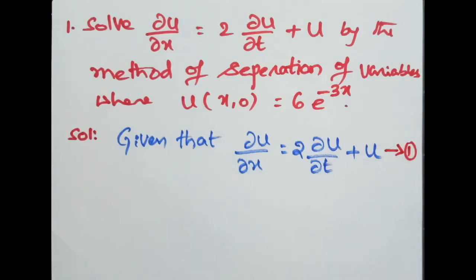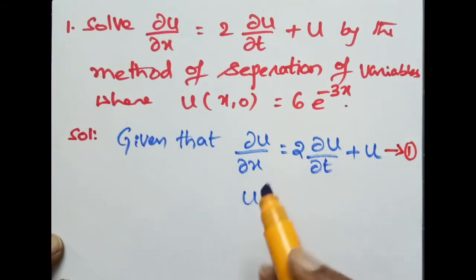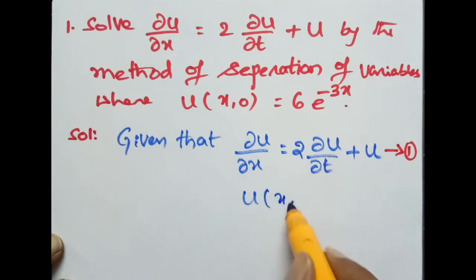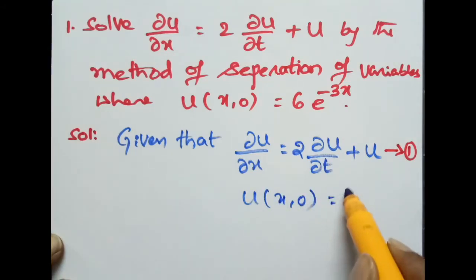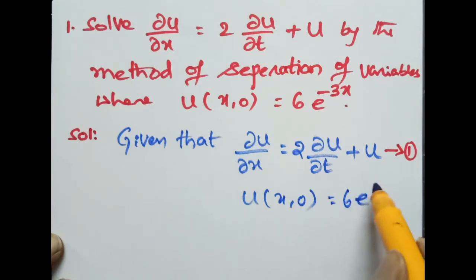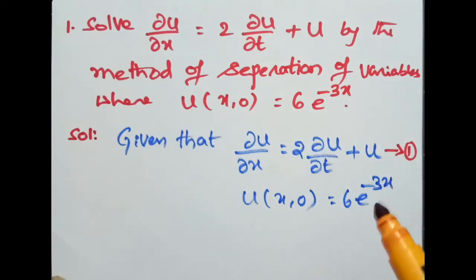And also given that u(x,0) = 6e^(-3x). Say this is equation number 2.